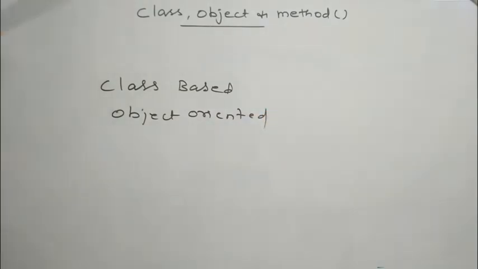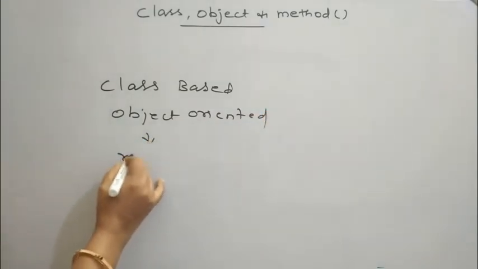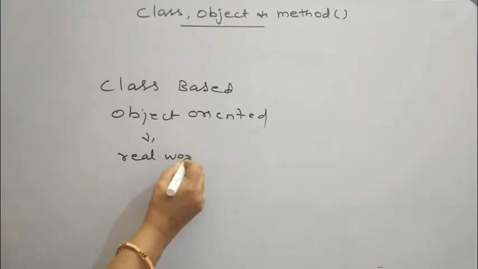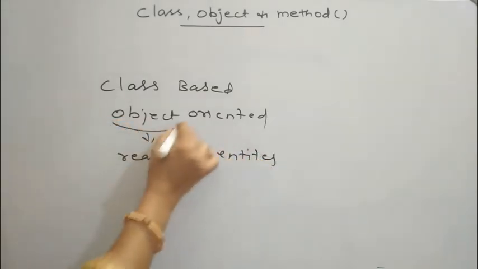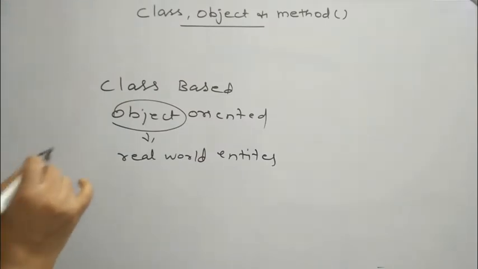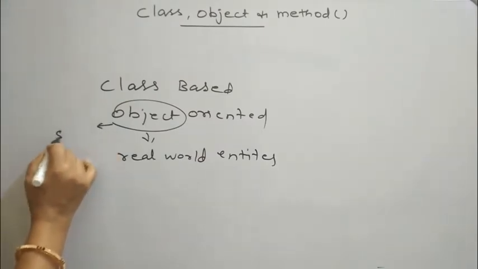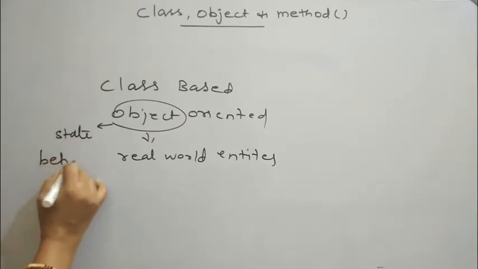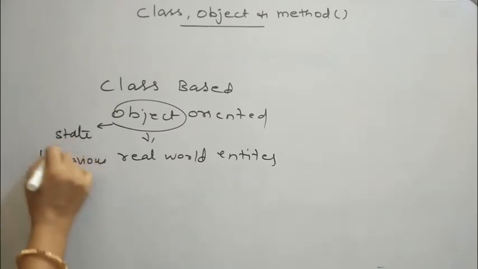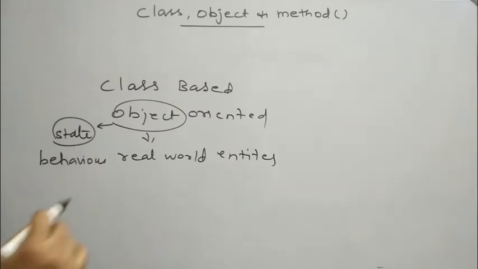Object-oriented in the sense that real-world entities are represented as objects. An object has state and behavior. State represents the properties of the object. Behavior represents the functionality of the object.